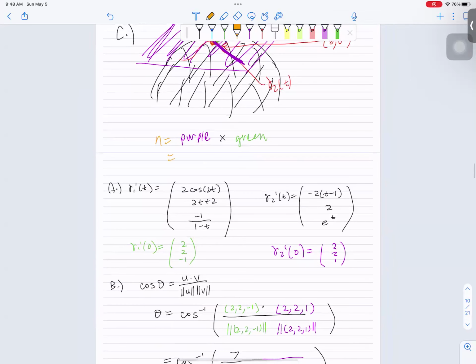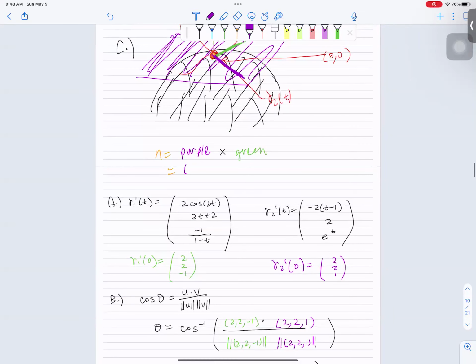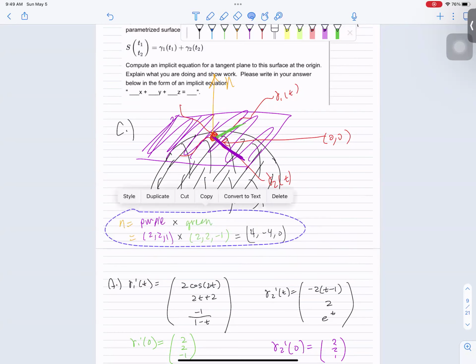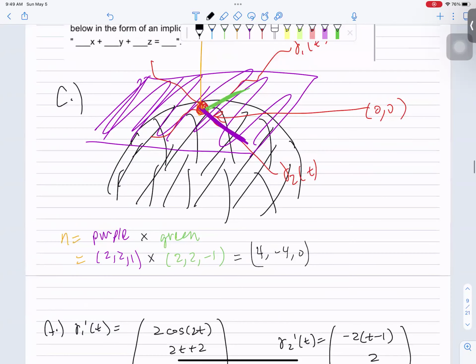So that means it is the purple one, which was 2, 2, 1, cross with 2, 2, negative 1. If you do that cross product, you get 4, negative 4, 0. I can show the cross product just so everyone remembers how to do it. You always take the determinant, writing i, j, k, then your vectors.